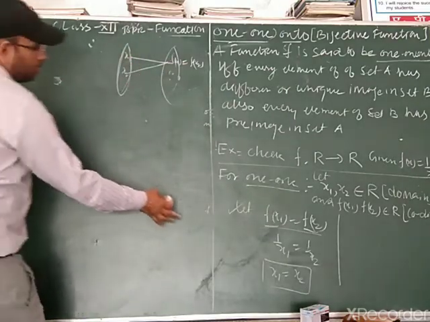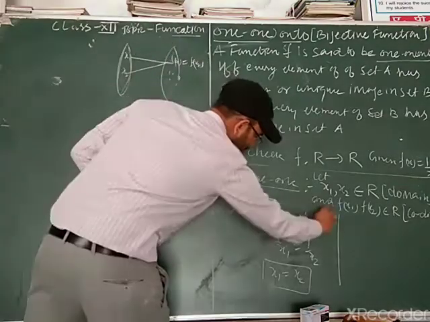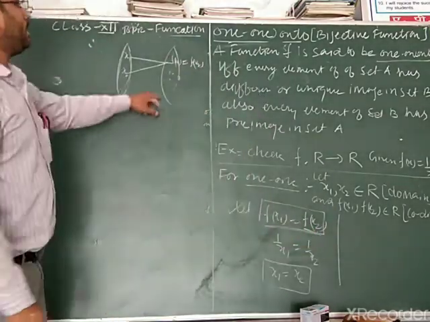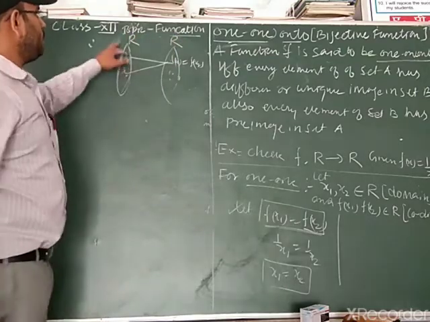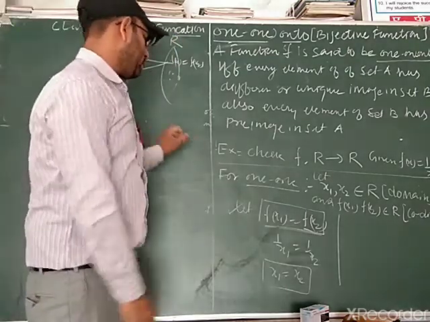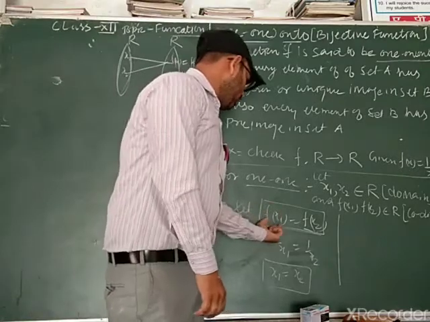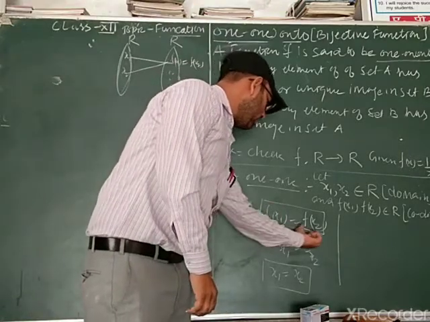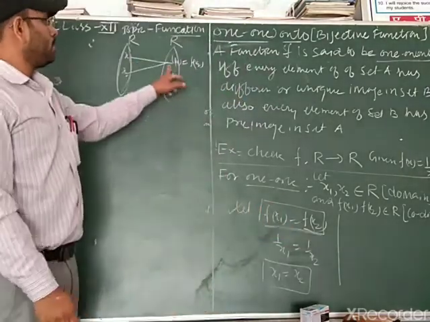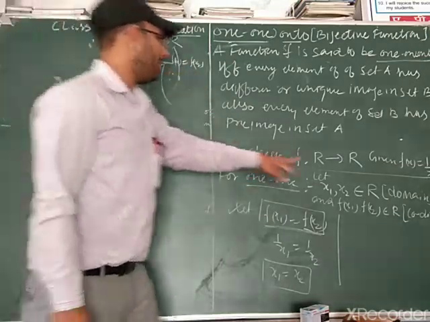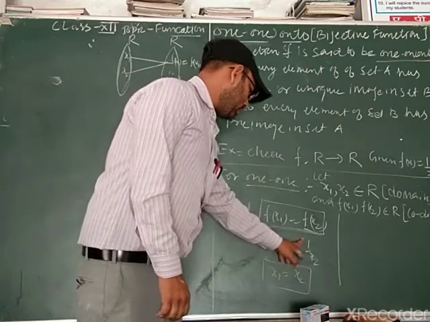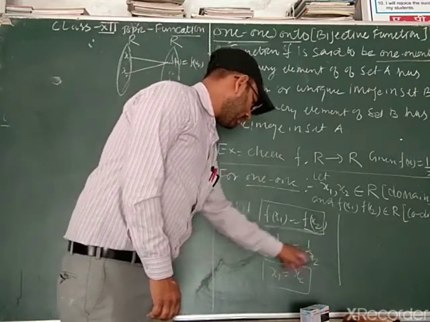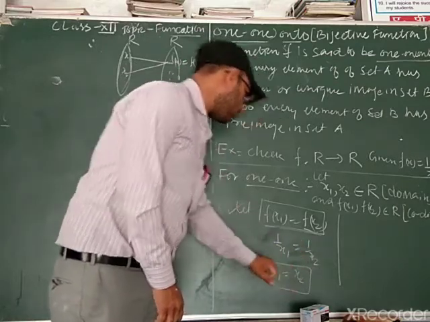Clear? So what are we taking? We'll take two different elements in set B. This set B is a real number set, and set A is also a real number set. So we supposed two elements, f(x1) is equal to f(x2). Clear? Now we have f(x) is equal to 1 upon x, we put 1 upon x1 is equal to 1 upon x2. So it can be cross multiplied, so x1 is equal to x2.